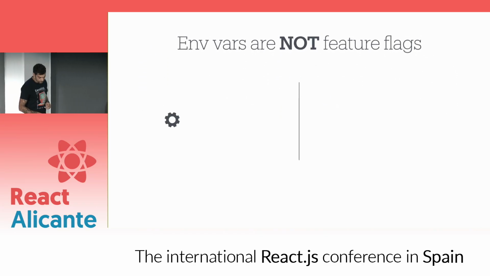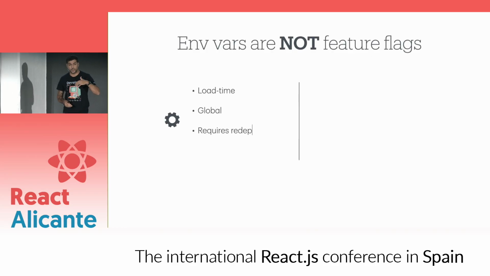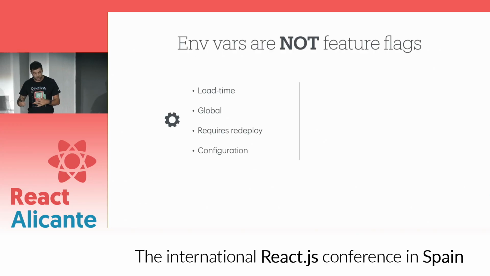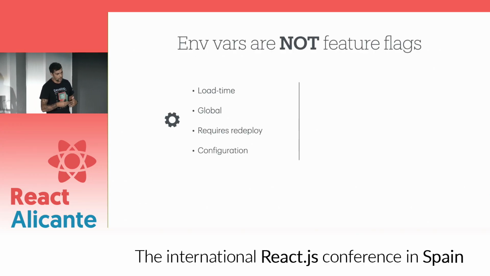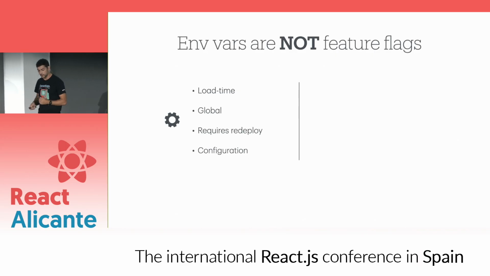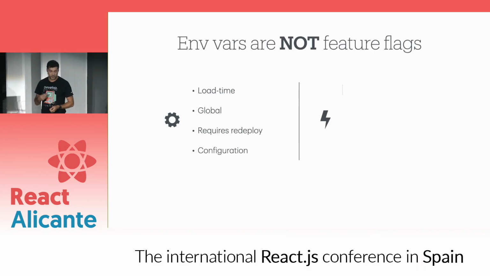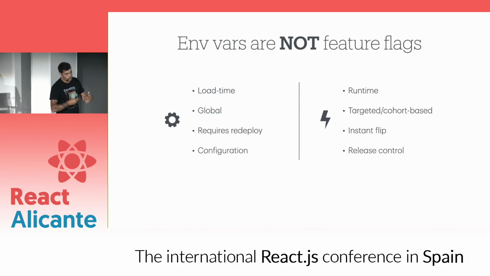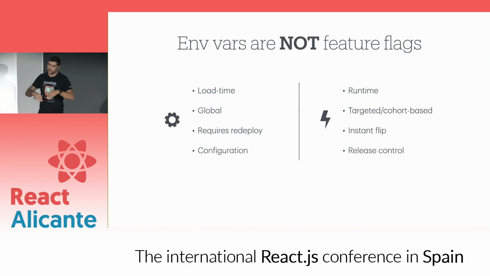environment variables are usually global. They set their values at load time. To change their values, they require a redeploy. So this is a great way to configure our environment. On the other hand, feature flags change at runtime. They usually target some kind of condition, and there can be a lot of different conditions.